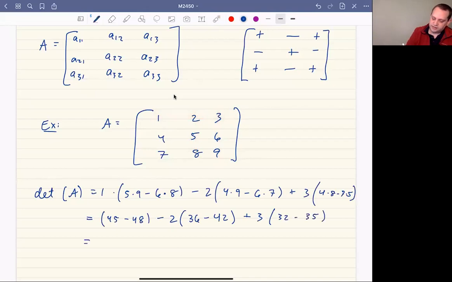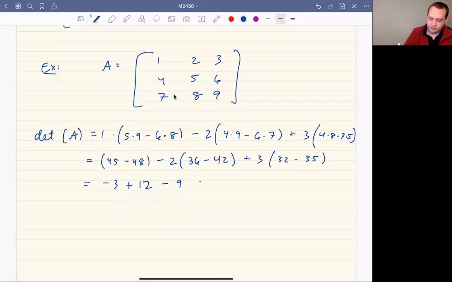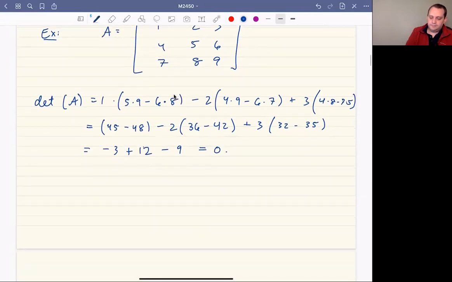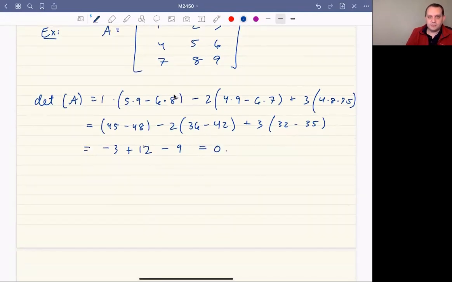So altogether, this is going to be negative 3. 36 minus 42 is negative 6 times negative 2 is going to be plus 12. And then the final step will be plus 3 times minus 3, so minus 9. And this one happens to work out to be 0. So the determinant of A is 0.